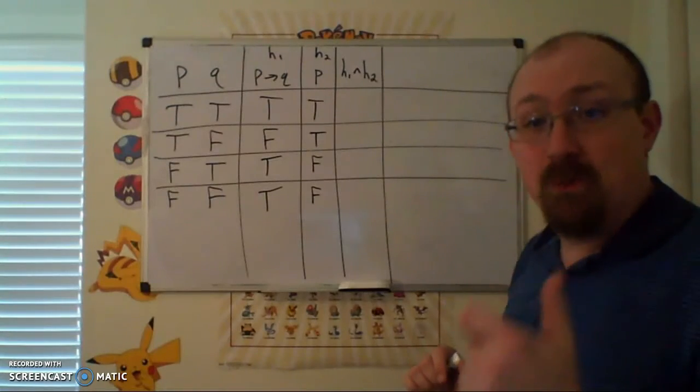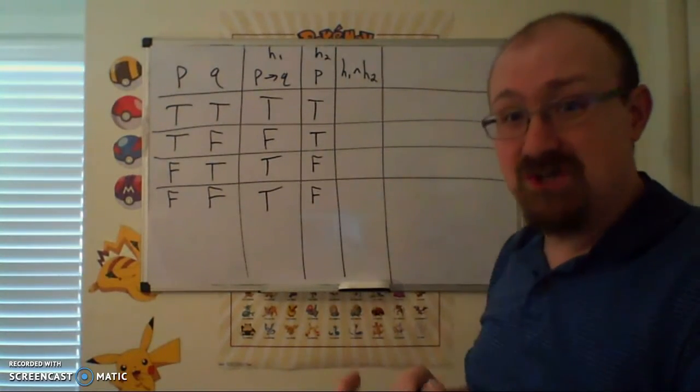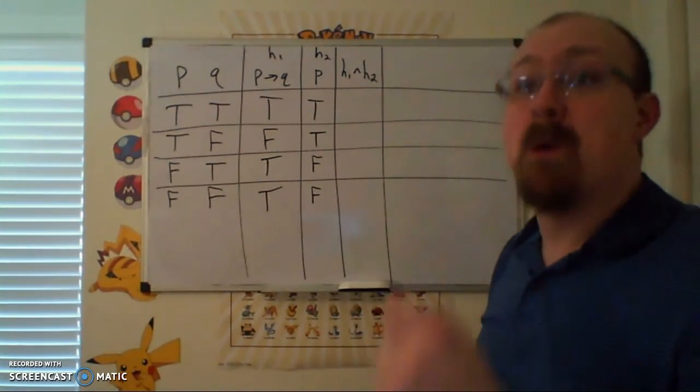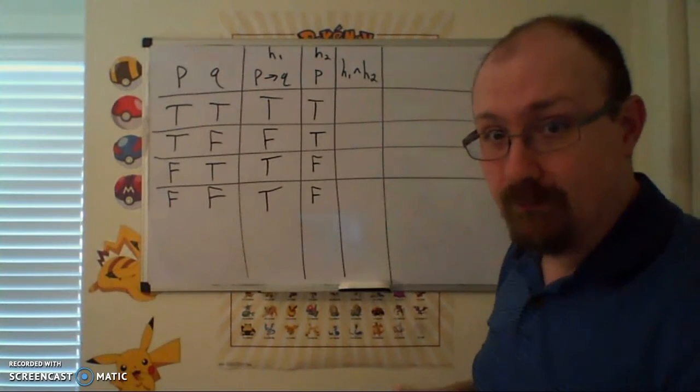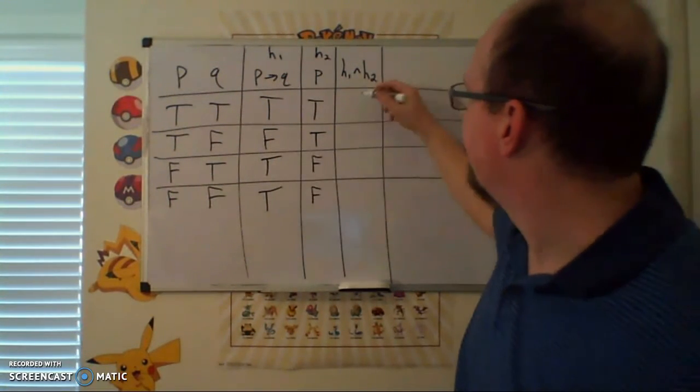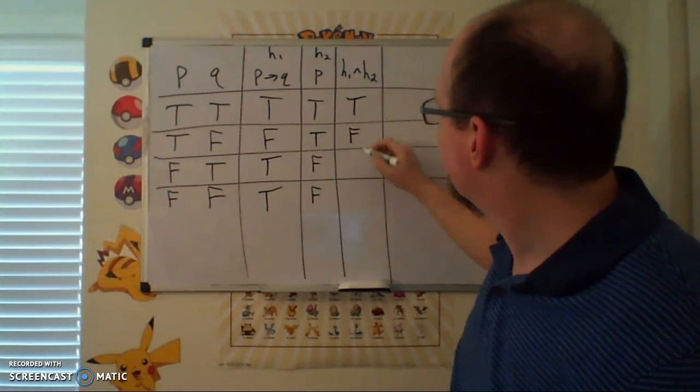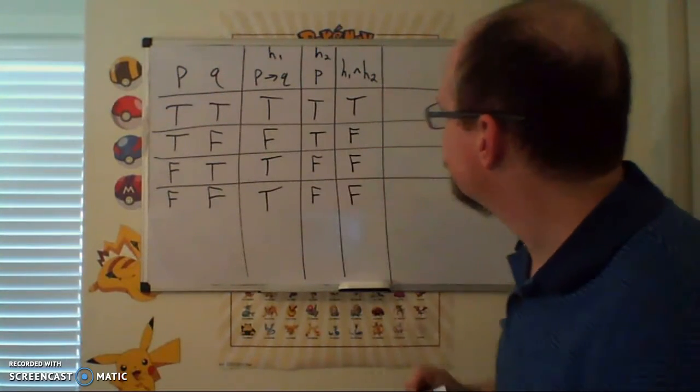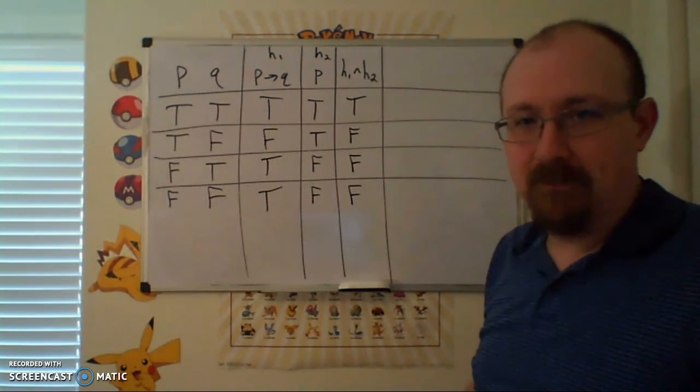All right. So H1 and H2. Again, this is a conjunction. It's only true when both statements that go into it are true. That happens right here, not right there, or neither of those places. So we have a true, and then a bunch of false results.